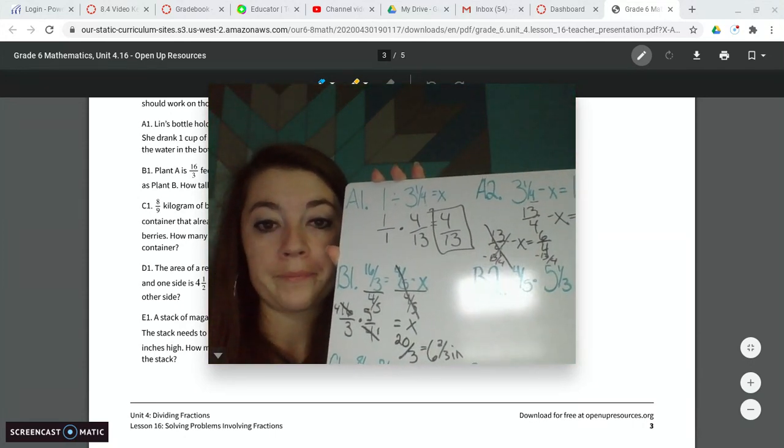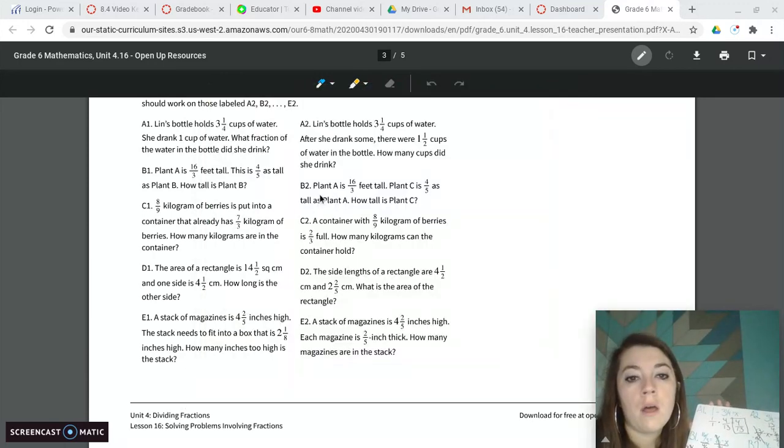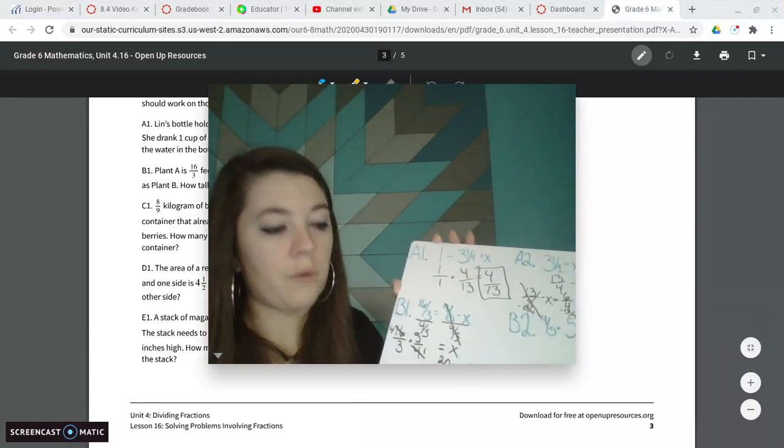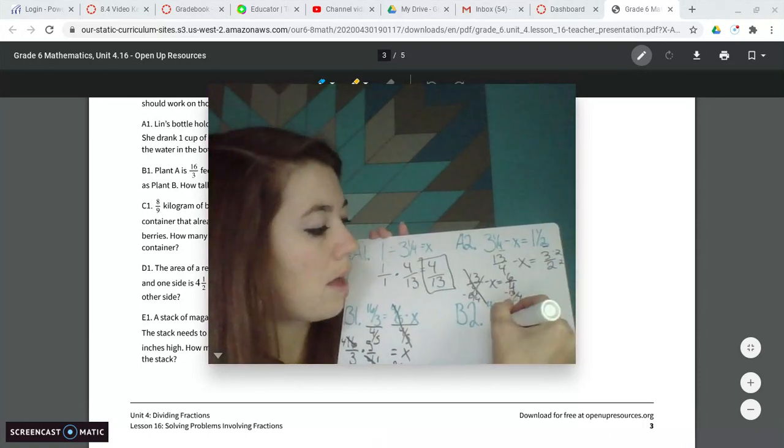So that's plant B. All right, for B2, plant A is 16/3 feet tall. Plant C is 4/5 as tall as plant A. How tall is plant C? For this one, we have the 16/3, and plant C is 4/5 as tall as it, so we are multiplying these together. 16/3 is the same thing as 5 1/3, so I'll convert that back.